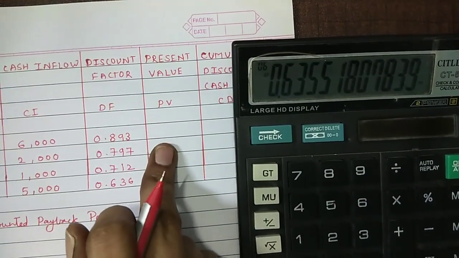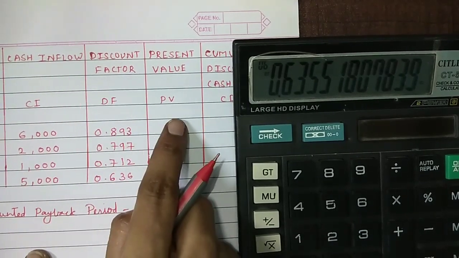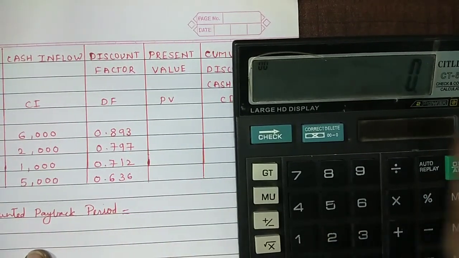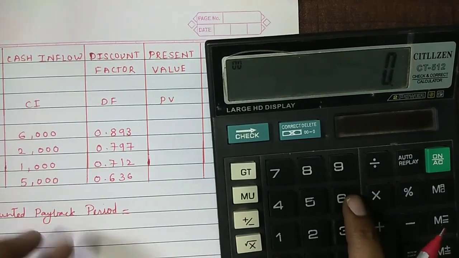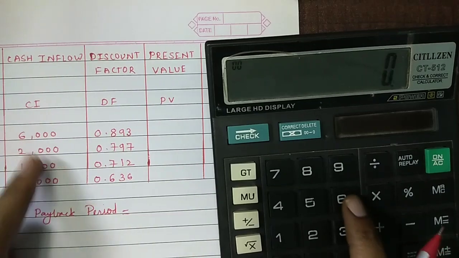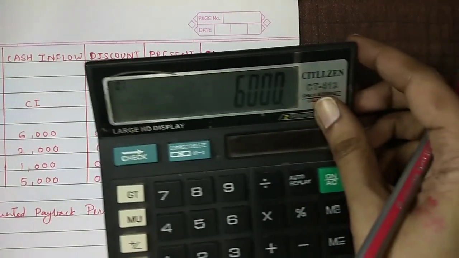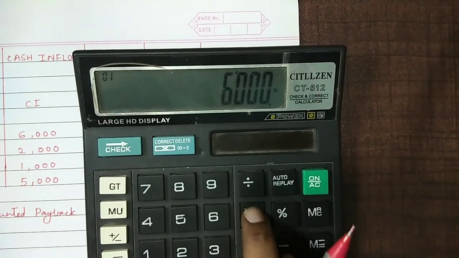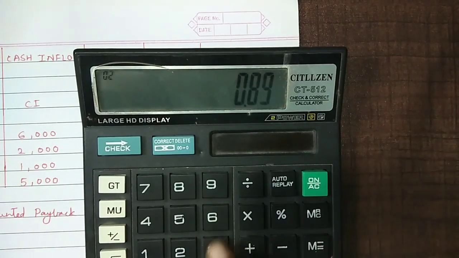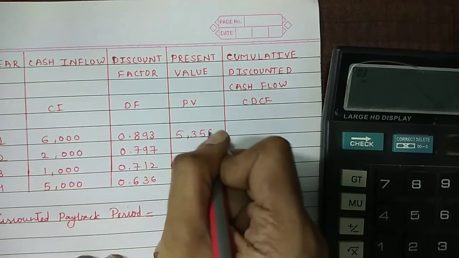So how to calculate the present value? Simply CI into DF, that will be your present value. In the case of the first year, I have a cash inflow of rupees 6,000. So 6,000 into 0.893. The amount is 5,358.